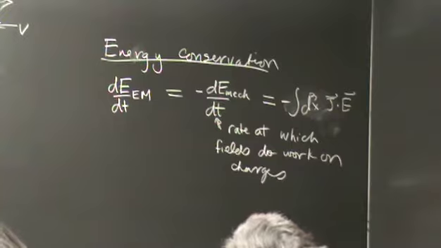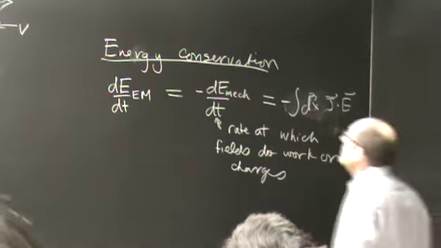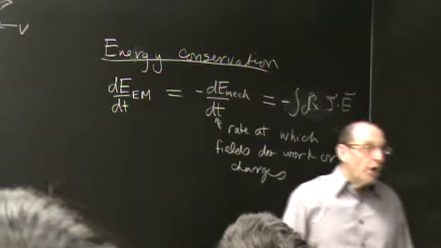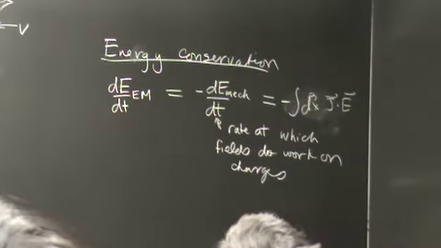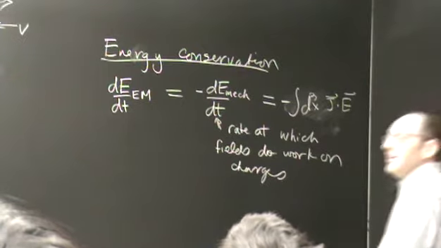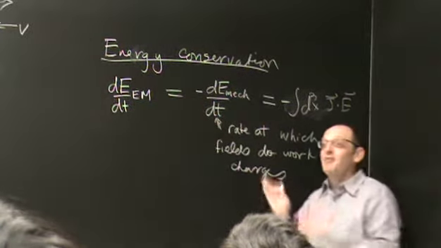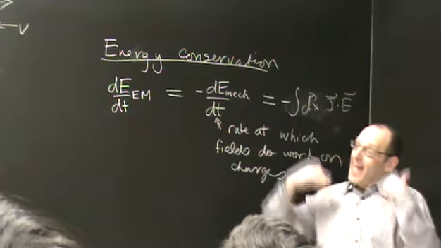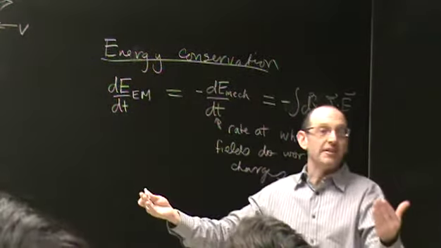Okay? So the mechanical energy of the charges can change due to work done upon them by the fields. Or vice versa, the negative of the work done on the charges is the energy that's going into the field.